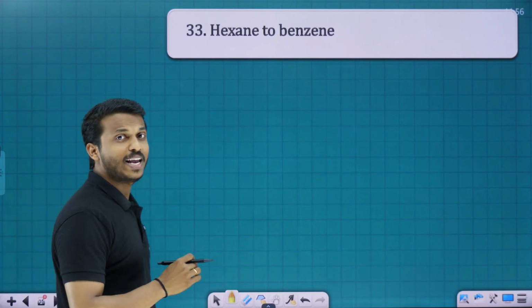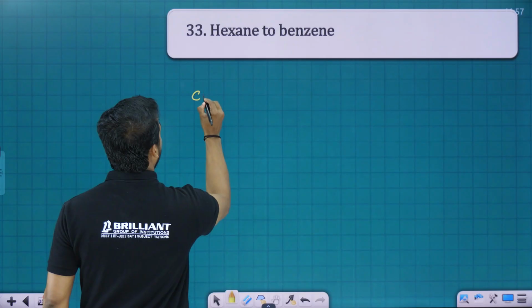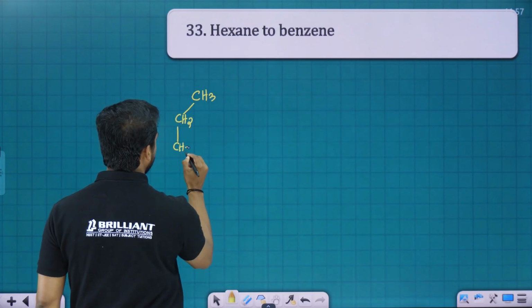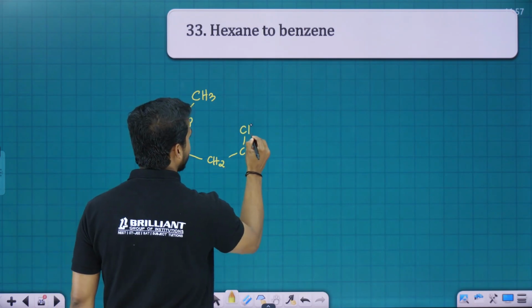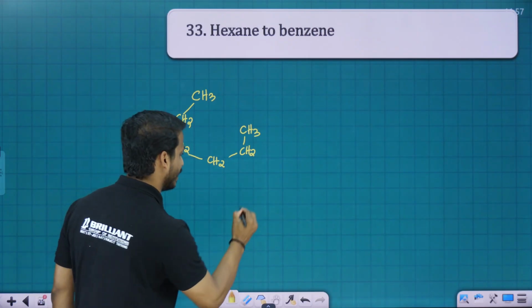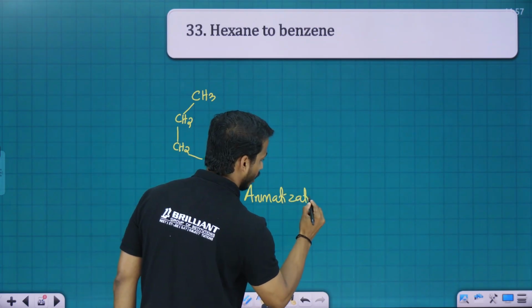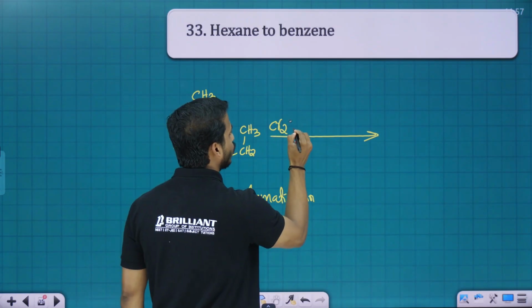Next one, hexane to benzene, one of the easiest and well-known reactions to you. Let me write hexane like this: CH3, CH2, CH2, CH2, CH2 and CH3. Hexane, how can you make it benzene? You know, the reaction is called aromatization, correct all? Aromatization. You know what catalysts we are using there?